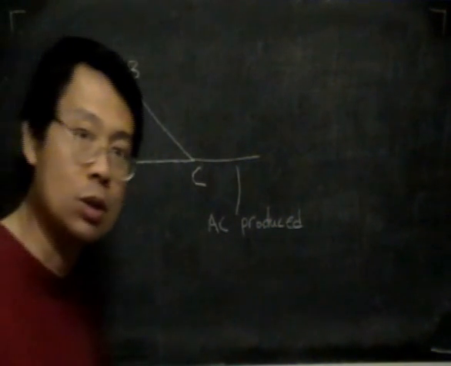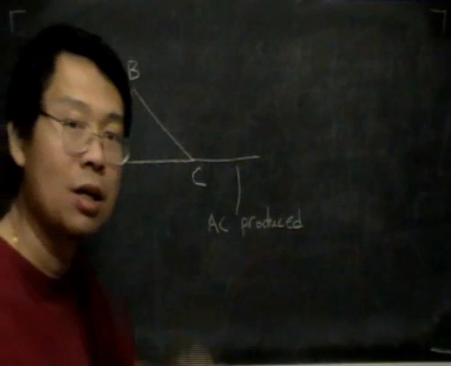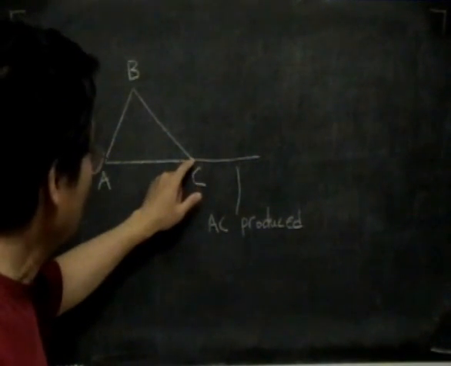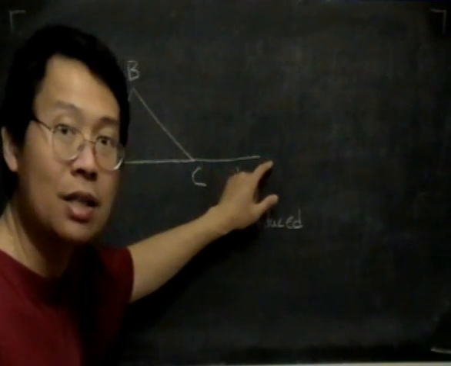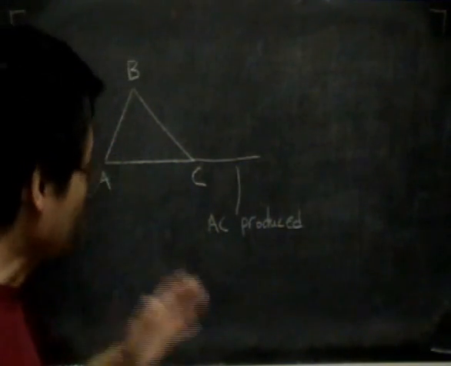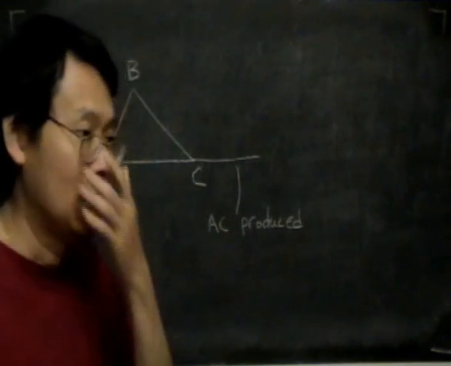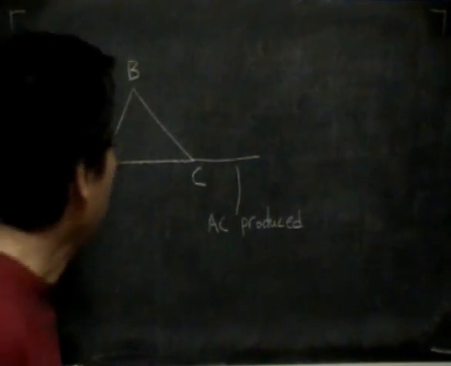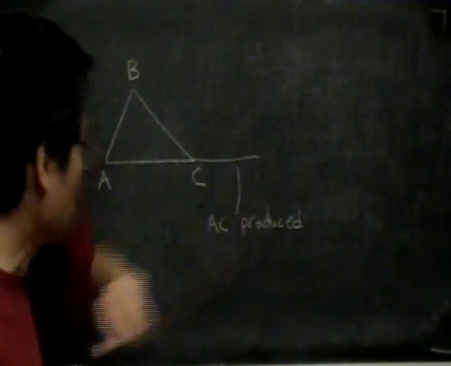It's a rather odd use of the word produce, but it simply means that from AC you draw a straight line that goes beyond AC. So that's what AC produced means, if you ever see it in a book or in your exam.